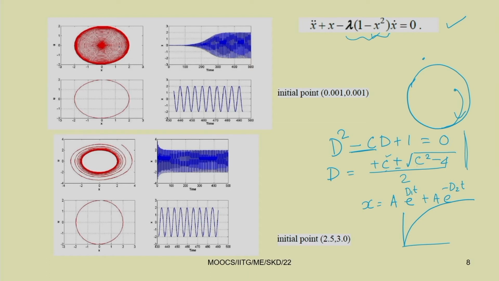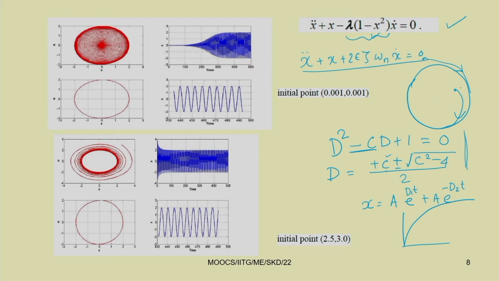The equation will be similar to x double dot plus x plus 2 epsilon zeta omega n x dot equal to 0. Here the response will die down and finally come to this trajectory, similar to an underdamped oscillator.